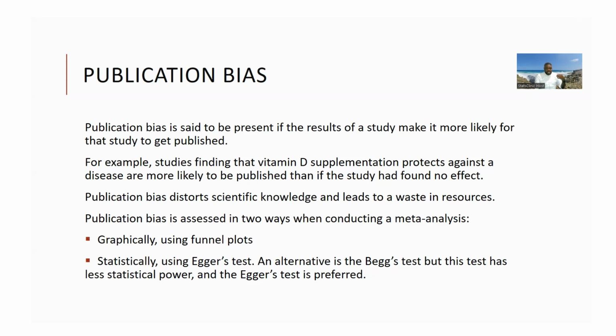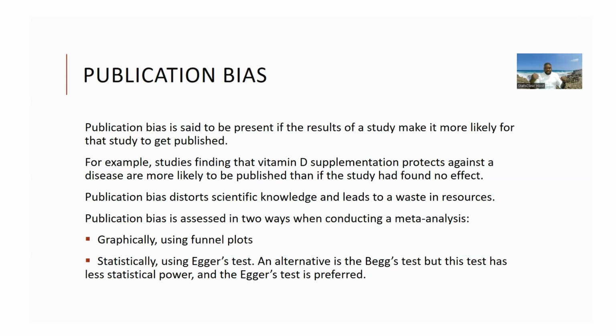And even though its findings are negative, it still gets published, right? But what that means is that some of the studies, maybe because the sample sizes are smaller, that had negative findings, didn't get published, right? So this distortion is what's referred to as publication bias.